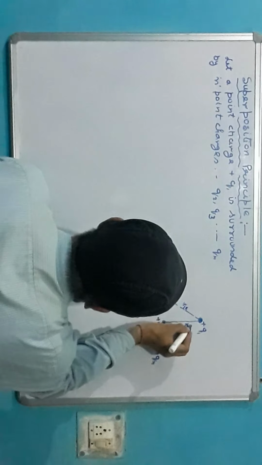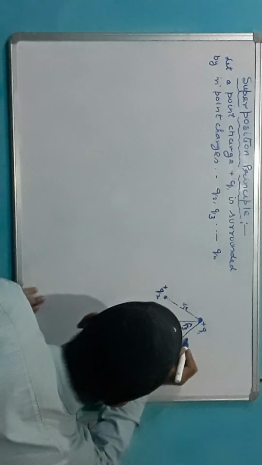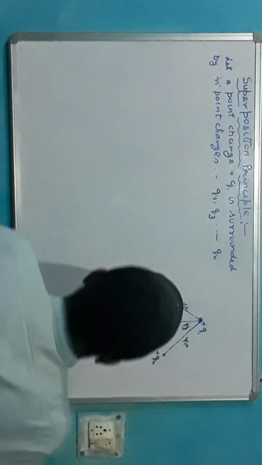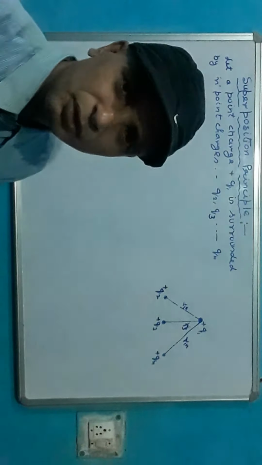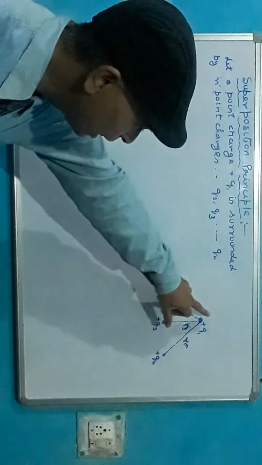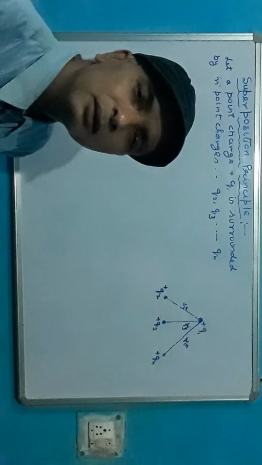In the same manner, the distance between q3 and q1 is r13, and the distance between q1 and charge qn is r1n. So r12 is the distance between the charge q2 and q1, r13 is the distance between the charge q1 and q3, and r1n is the distance between charge plus q1 and plus qn.